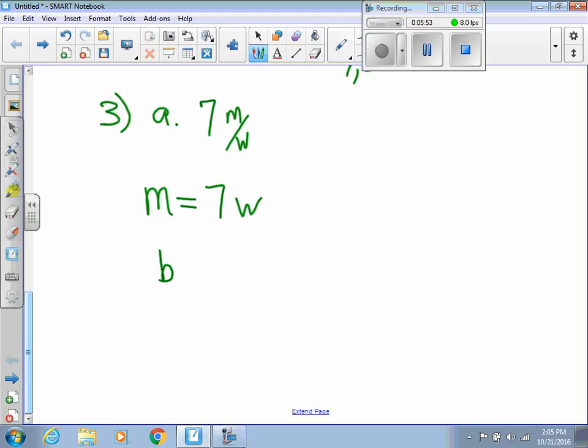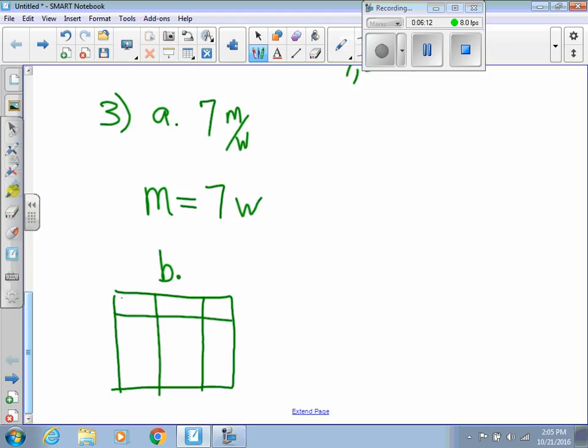In B, they asked to make a table to find the number of new movies received in 4, 5, 6, and 7 weeks, and then graph the ordered pairs. So if we make a table, we can do it like they do in the book, and we have weeks, 7 per week, and the number of movies.